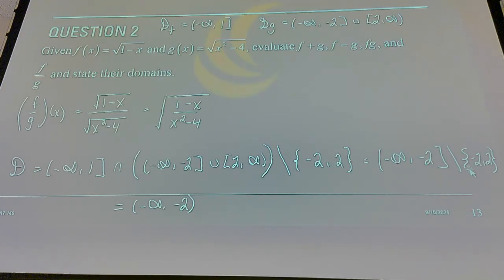Change them to parentheses, correct, because we're removing -2. If -2 was somewhere in the middle, that would become a split interval. Let's say that was -∞ to -1. You have to remove -2, so go -∞ to -2 unioned with -2 to -1. And you would still use parentheses with that? In that case, yeah, because -2 is not included anymore. Can you write that out?